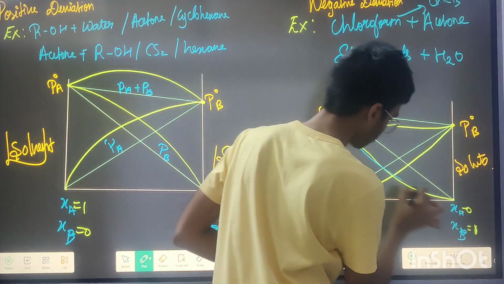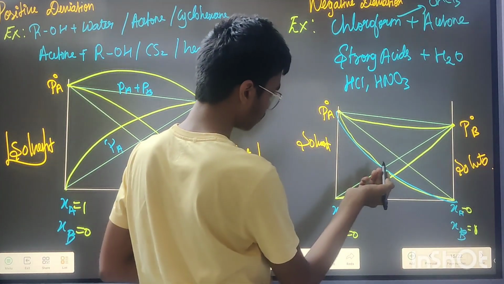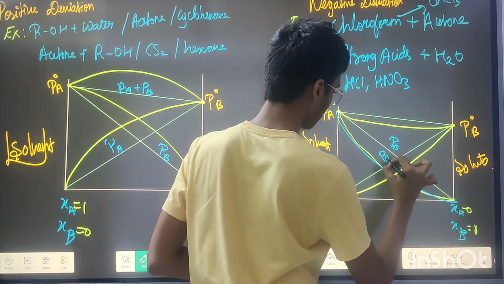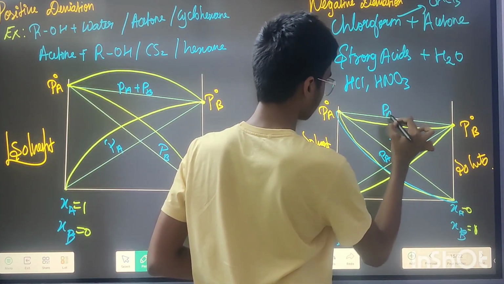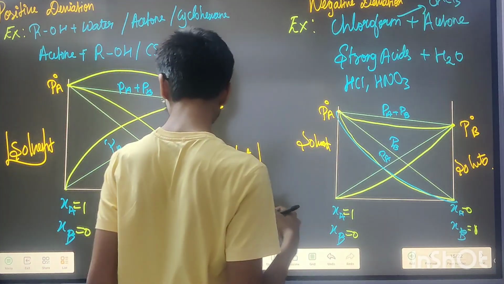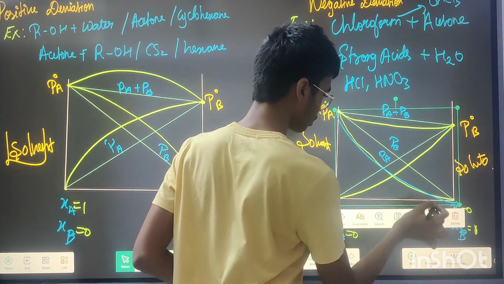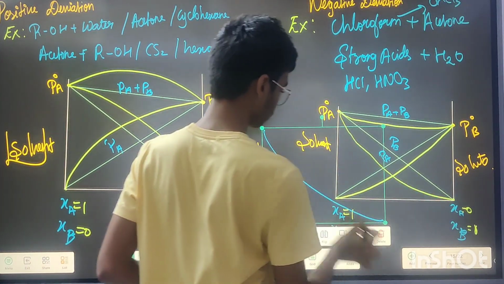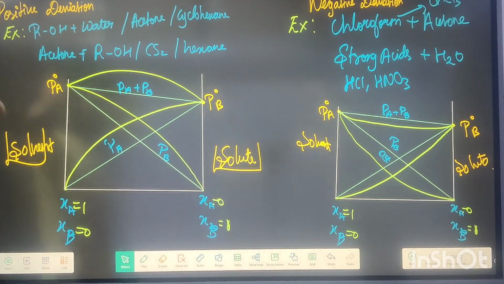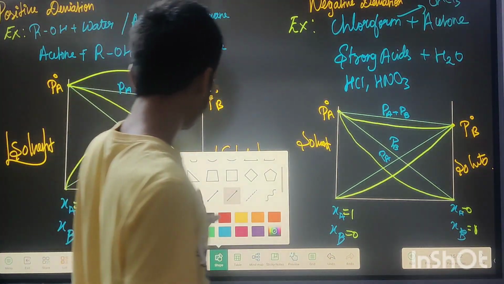PB, and then PA, and then PA plus PB. So it is going to be like this, and there it is going to be like this. Then shapes.